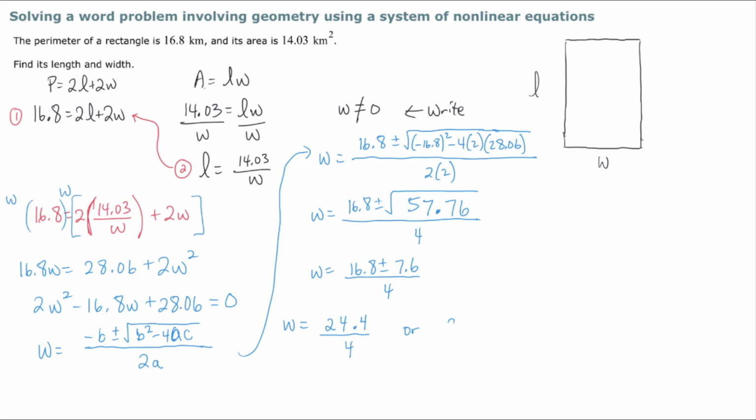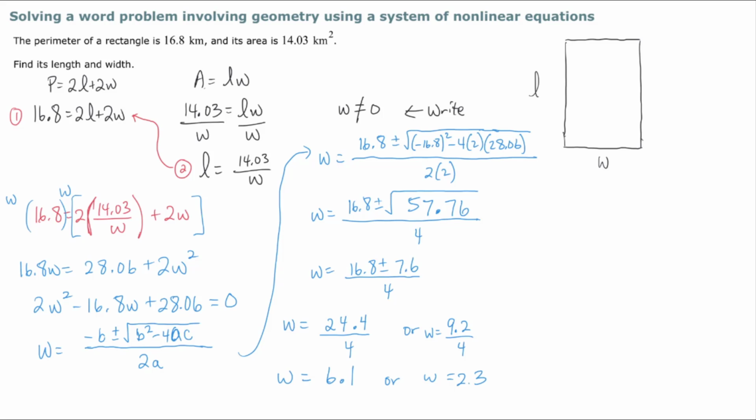Yeah, 9.2 divided by 4. So far we have W is equal to 6.1 kilometers, or W is equal to 2.3 kilometers. Now, each of these W's can't happen both at the same time.